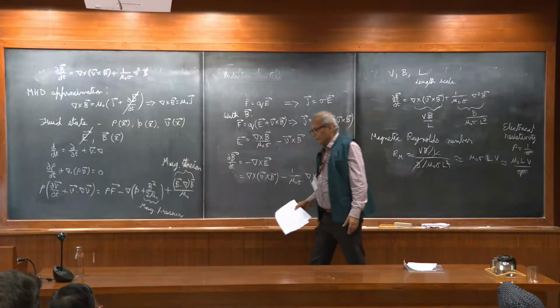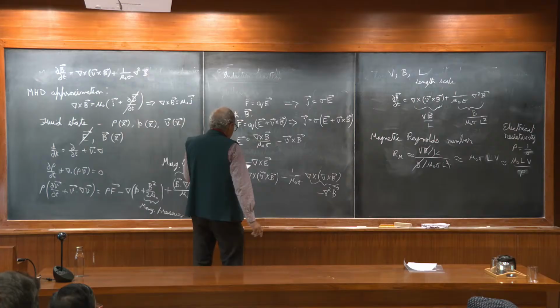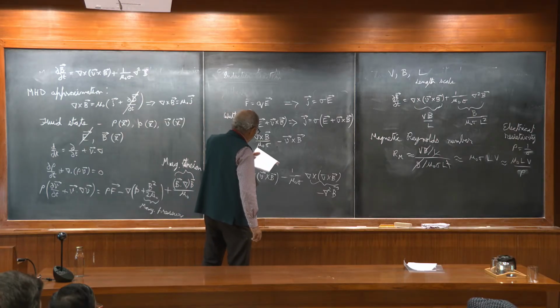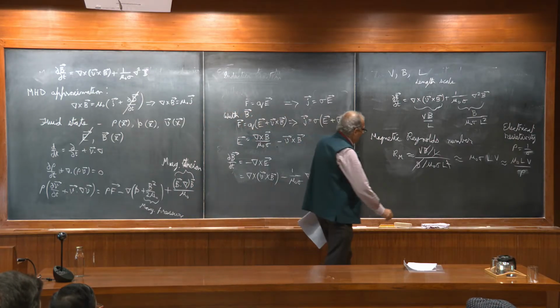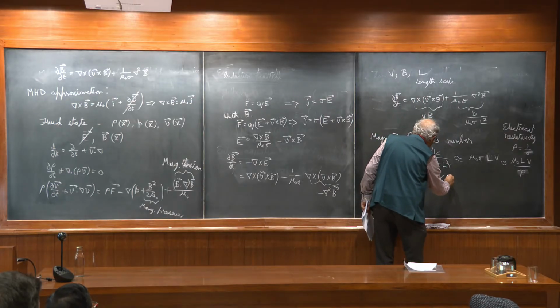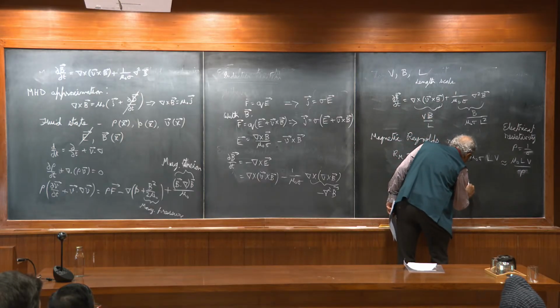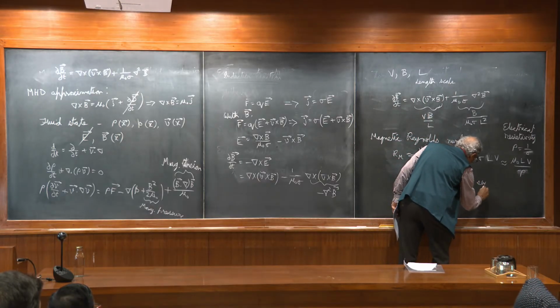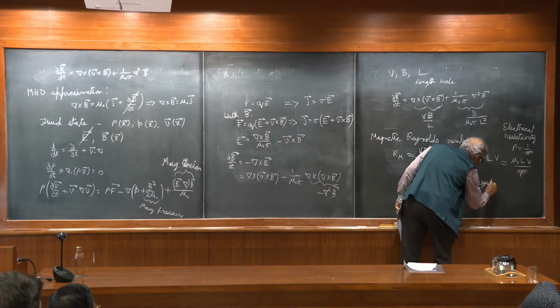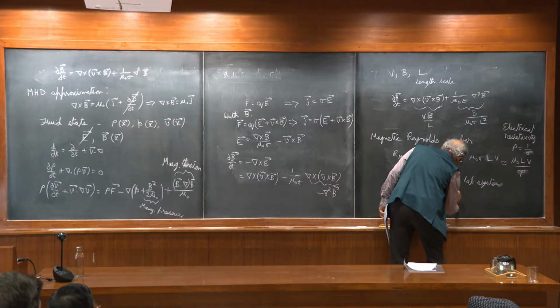If the size of the system is very large, then it also turns out to be large. If you make an order of magnitude estimate, you find that the magnetic Reynolds number is much smaller than 1 for lab systems, and much larger than 1 for astrophysical systems.